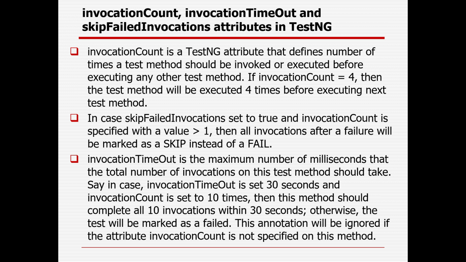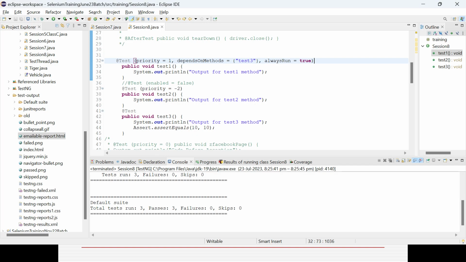Then there are a couple of things called invocation count, invocation timeout, and skip failed invocation. Suppose I want to execute a single test case again and again and again. What is the possible way?